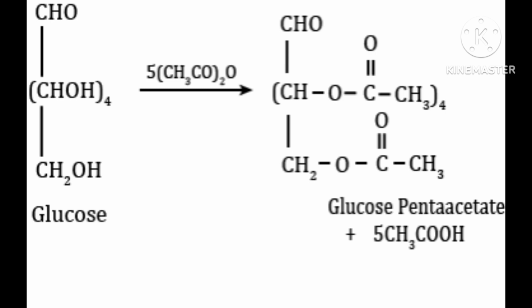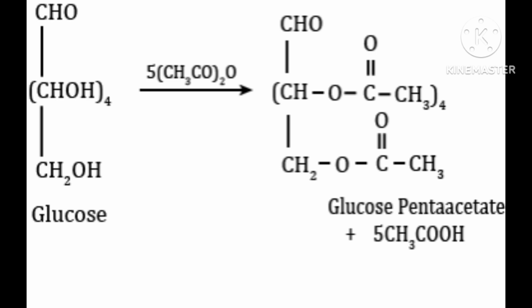Second carbon OH is on the right side, then third carbon OH is on the left side. Where OH is there, the opposite side will have H. Second carbon, right side OH, then left side H. Third carbon, left side OH, then right side H.